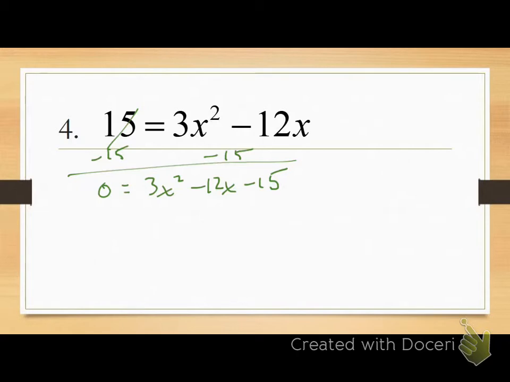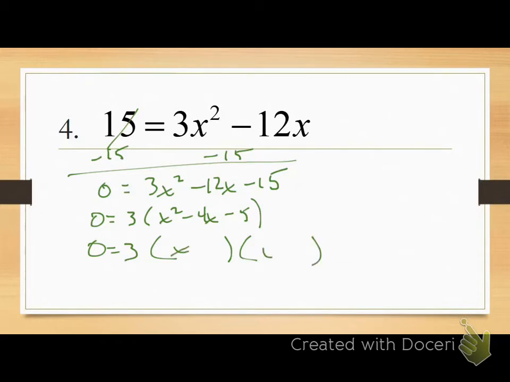And so let's factor. And we can factor out a 3 as a greatest common factor. And then you have to get good enough at factoring to know that this guy factors into x minus 5 and x plus 1. Okay, so there are factors.